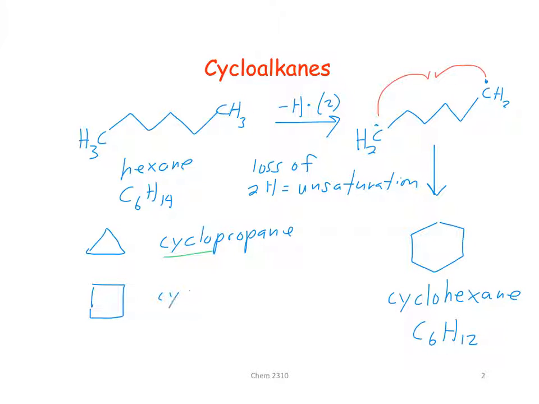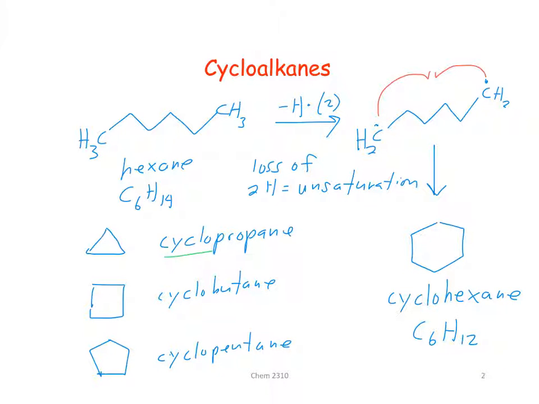This is cyclobutane. 5 would be cyclopentane. We already drew cyclohexane. If we had 7, it would be cycloheptane, cyclooctane, and on up.